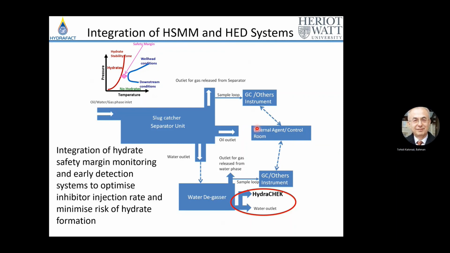So we can detect if something goes wrong and hydrates form, we can estimate slip velocity, we can detect where this hydrate is forming, and indicate the necessary action to prevent pipeline blockage.